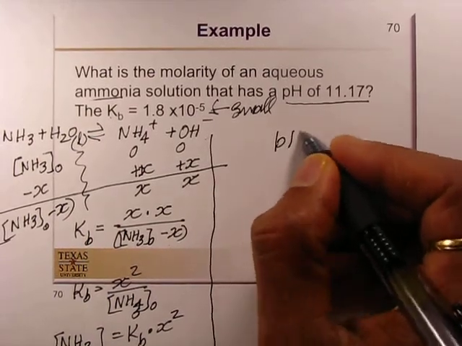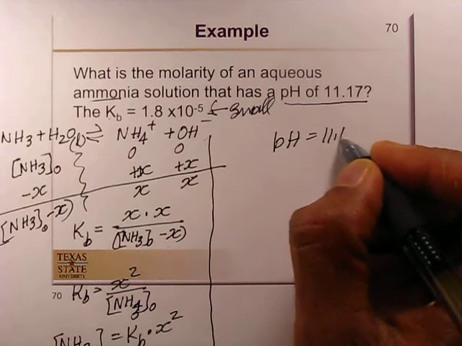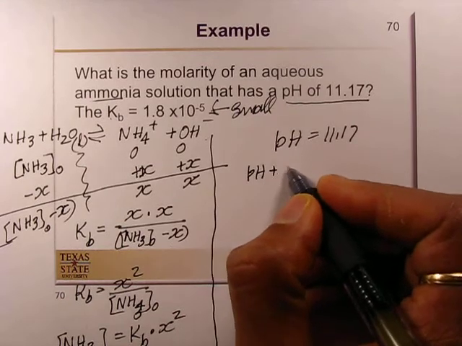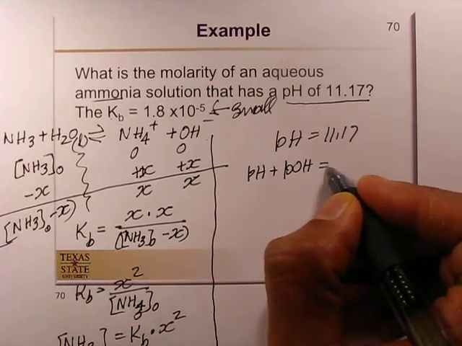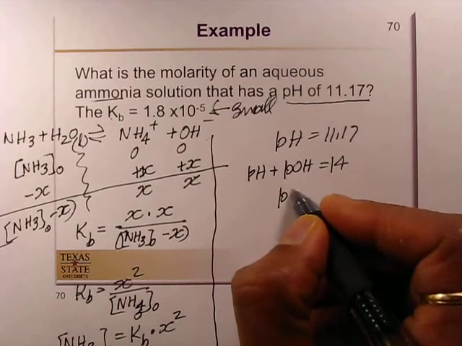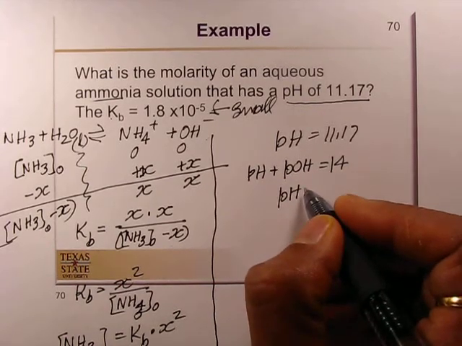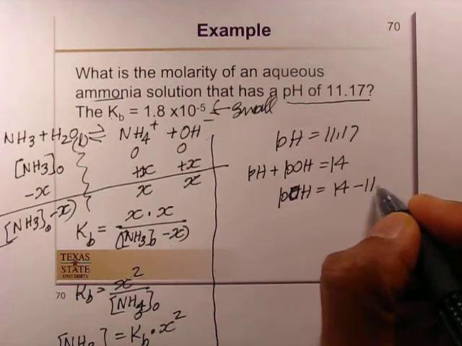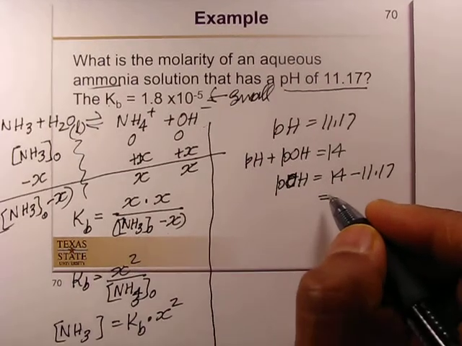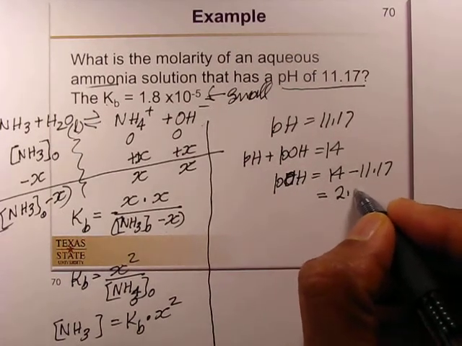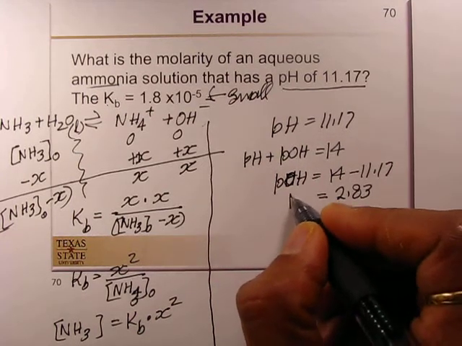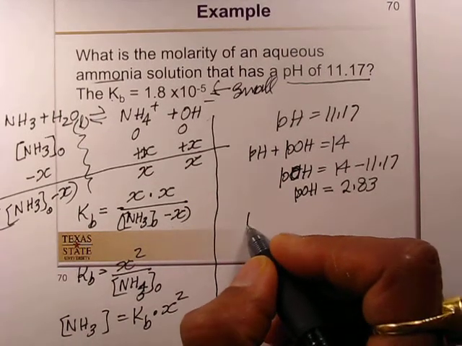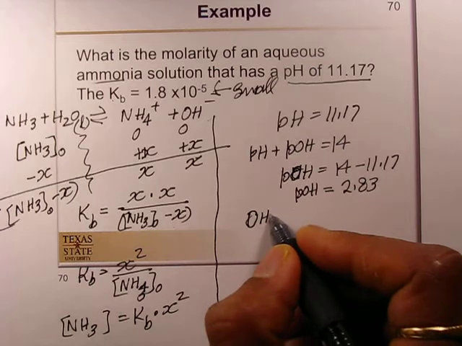Since pH is equal to 11.17, and we know the formula pH plus pOH is equal to 14, we will use pOH equal to 14 minus 11.17, and that will be equal to 2.83.